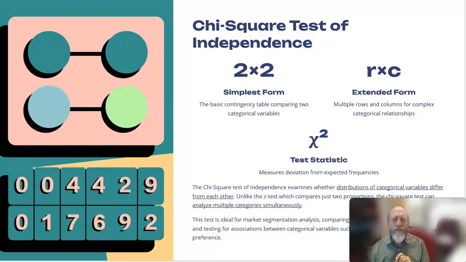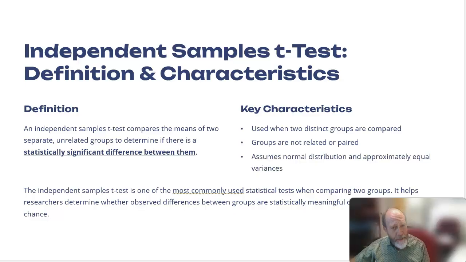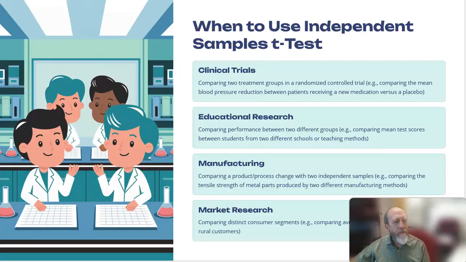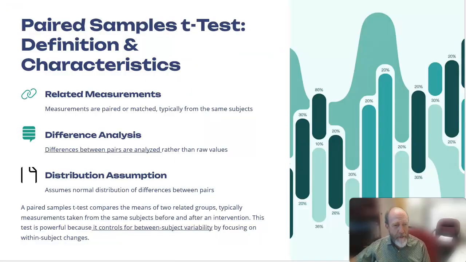How are we going to use this one? I am not going to have you do a chi-squared test of independence. In fact, what I'm going to focus on in this class are the first two that you actually saw, the independent samples t-test and the paired samples t-test.